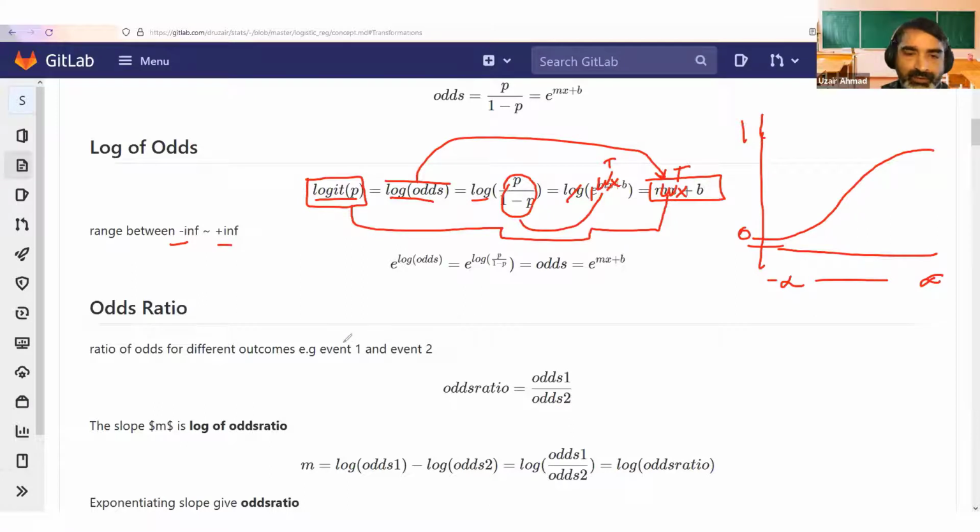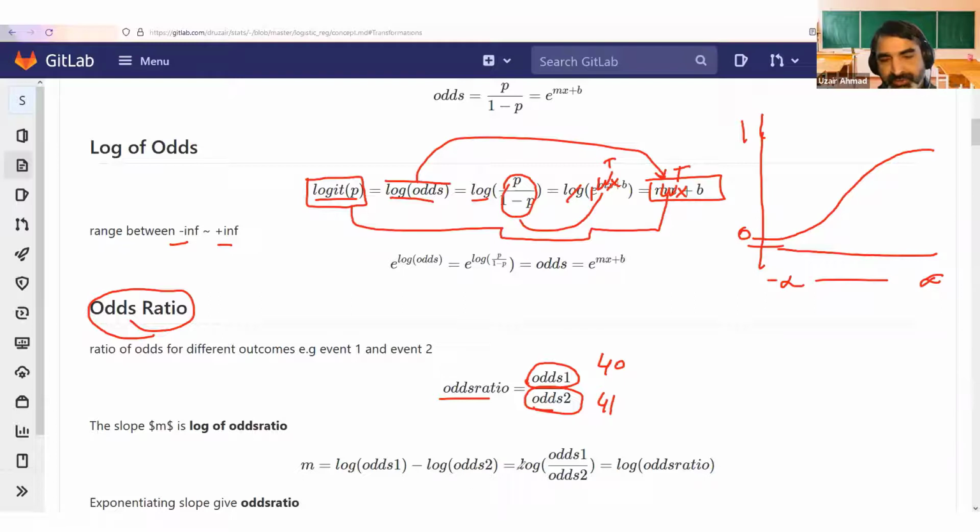Now, the third concept, odds ratio, is very straightforward. Odds of event 1: let's say if we have a score of 40, what are the odds of being in the honors class? Odds 2 is for event 2: if the score is 41, what will be the odds? Their ratio is referred to as the odds ratio. The odds ratio is going to represent the W's in our model.